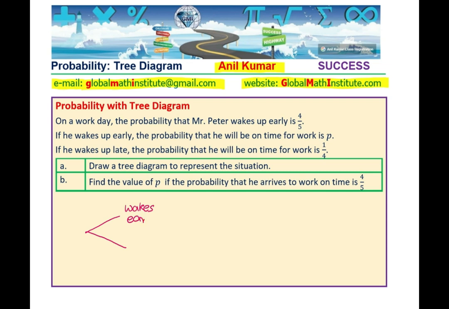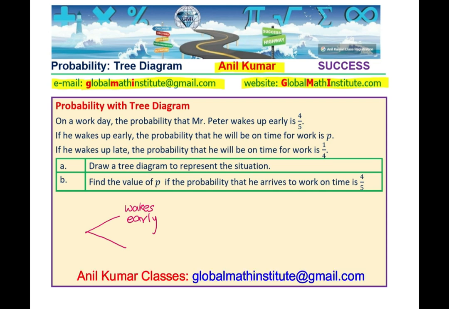So, the next option, which is complementary to this, is wakes up late, not early. If 4 by 5 is the probability for early, 1 minus 4 by 5, which is 1 over 5, will be the probability of waking up late.